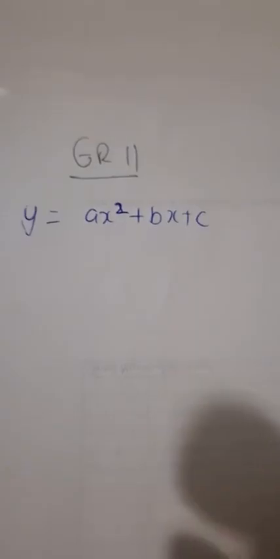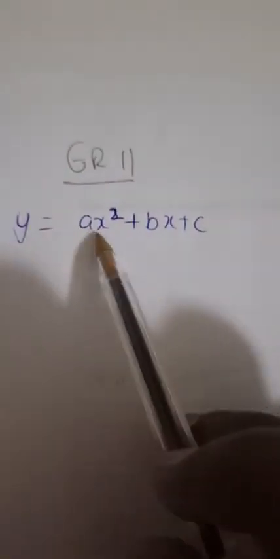So boring. But now, all of a sudden, when we come to grade 11, there are two important forms of the quadratic or parabola function. The first form is y = ax² + bx + c.